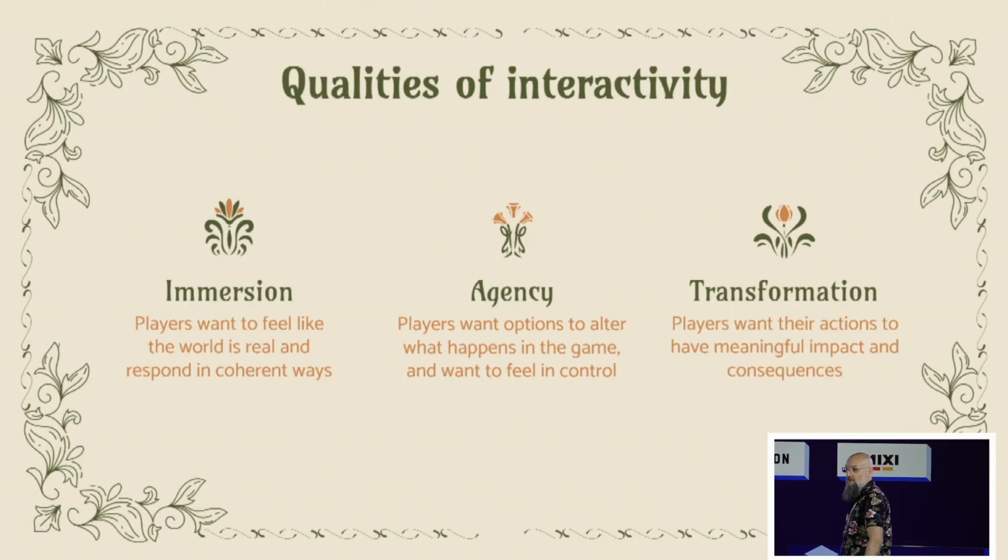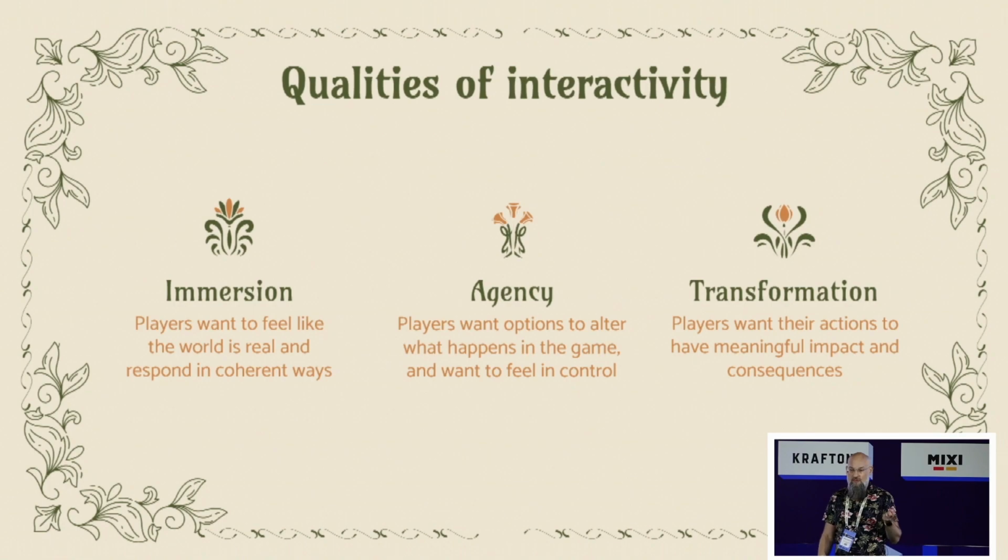So I'm going to be talking first about different qualities of interactivity here. This is from Dr. Janet Murray's book, Hamlet on the Holodeck. She identifies 3 core qualities that make a player feel that a work is interactive, is responding to them, is communicating with them in a conversation. And the first one is immersion, which I just hinted at.